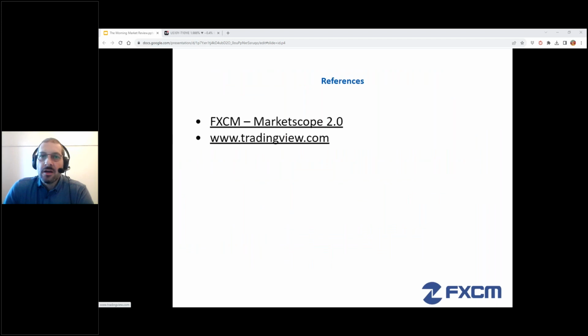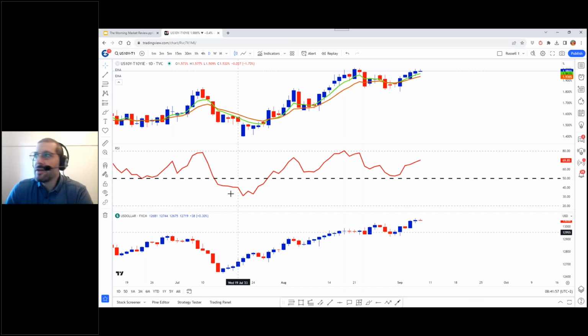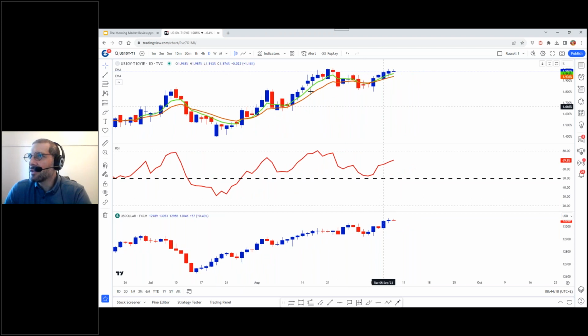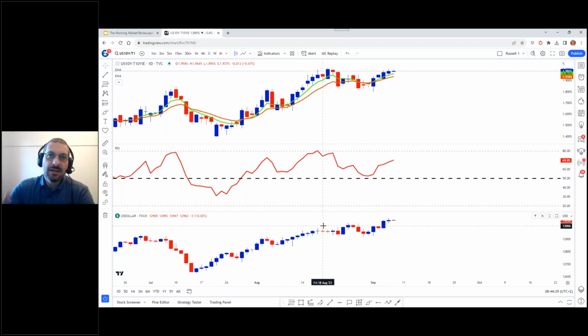As we've been doing the last few webinars, we want to check the real rate, because I think that's where the story's at. The top chart is the real rate. This middle chart is the RSI of the real rate, and the bottom chart is the US dollar. And that's sort of where we start, and then we move along that spectrum of cause and effect.